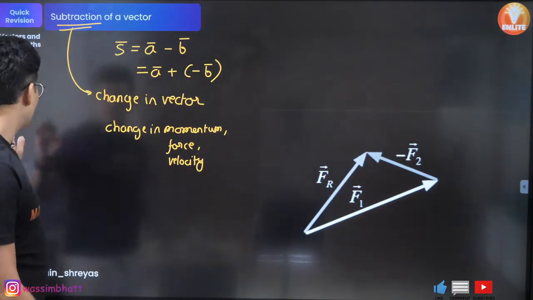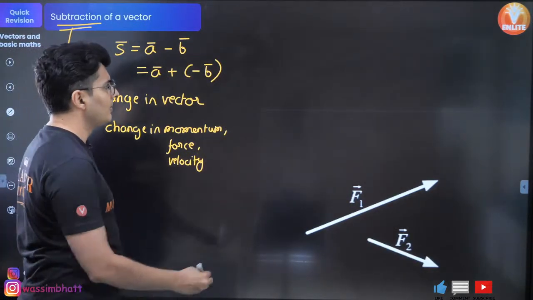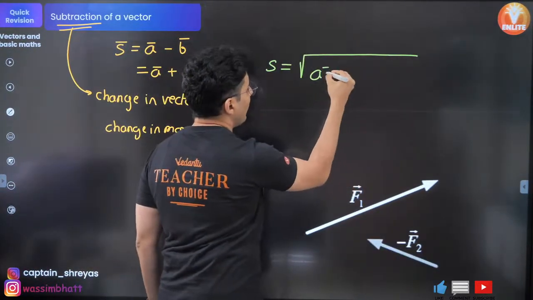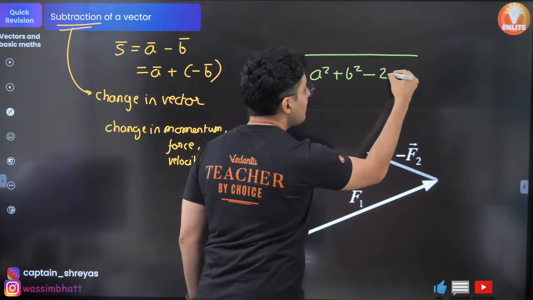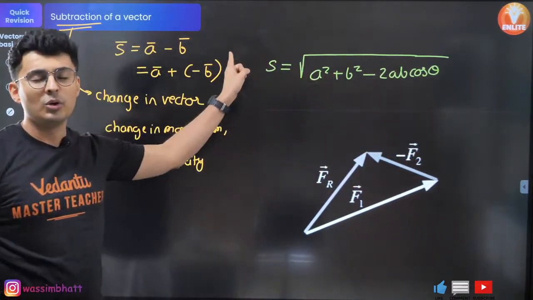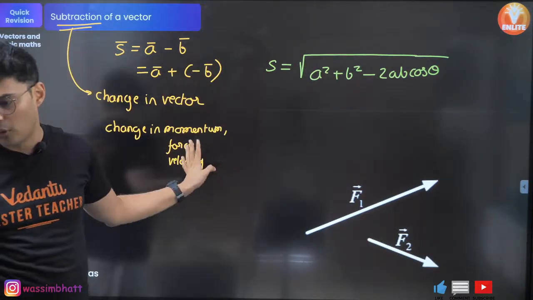I'll give you an example for this as well in a bit, but before that, the formula. The subtracted vector's magnitude will be the square root of a square plus b square minus 2ab cos theta. So the minus sign comes when you are using the subtraction formula. That is very, very important.